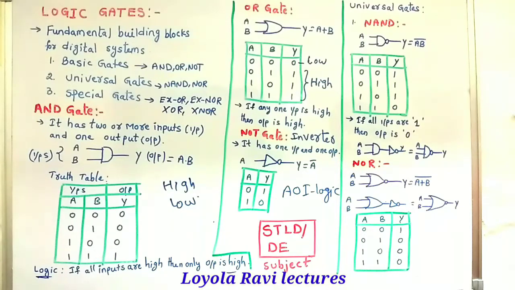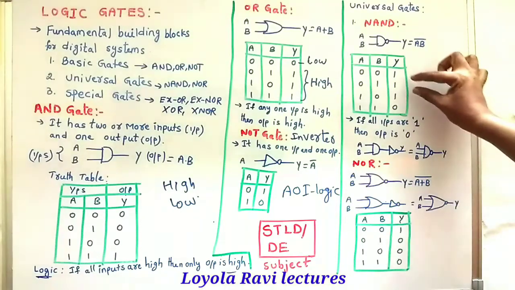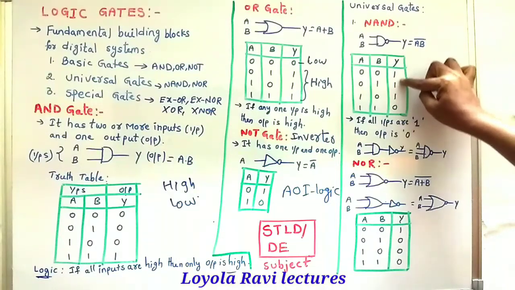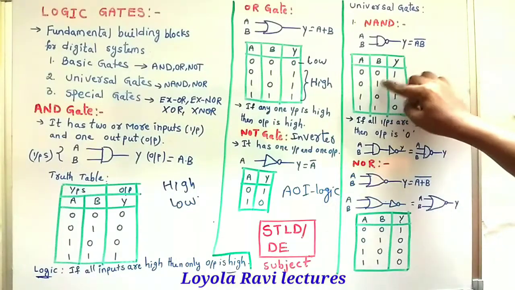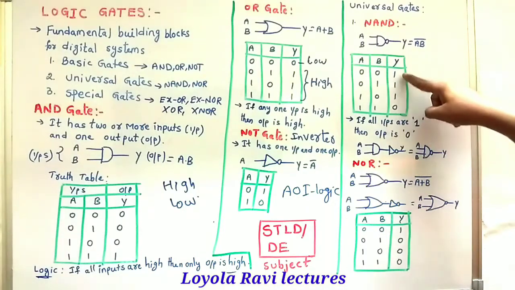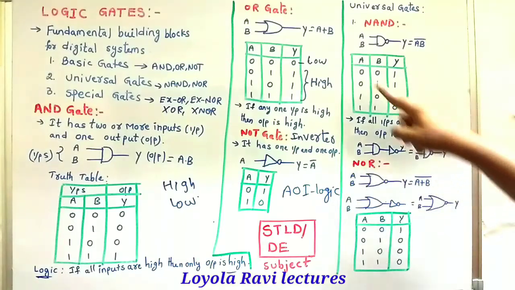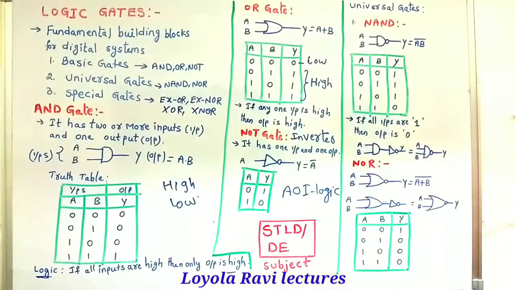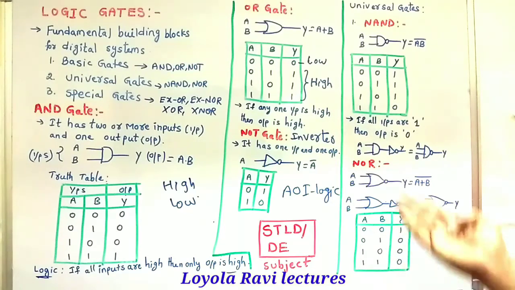And for the high logic, if any one of the inputs is low, then output is high. In each combination we have minimum one 0. If any one input is 0, then only output is high. Otherwise output is 0.